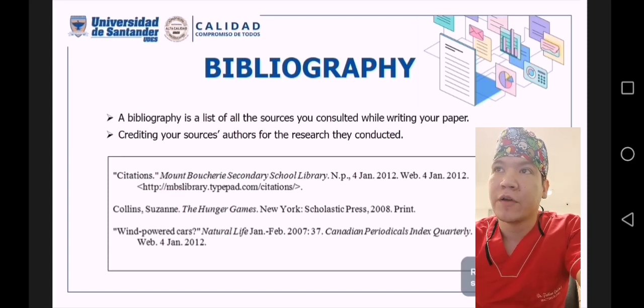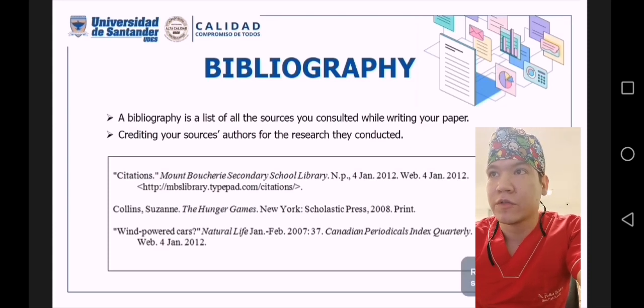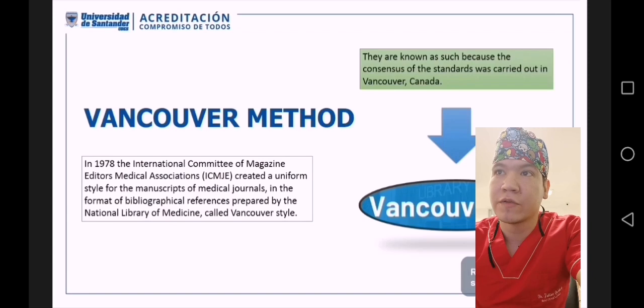About the bibliography, it is a list of all the sources you consulted while writing your paper, and you can credit the source author for the research they conducted. An example is the Vancouver style.